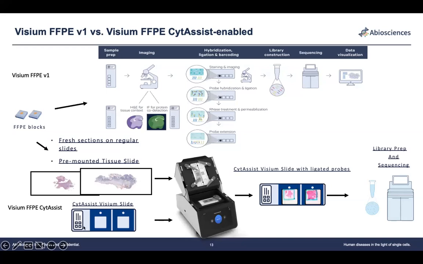The Cytosis VCN slide will be placed on the bottom of the machine, and the machine enables the transfer of the ligated probe from the regular slide to the VCN slide as shown here. Then we can proceed with the library preparation through the workflow illustrated in the 10X protocol.